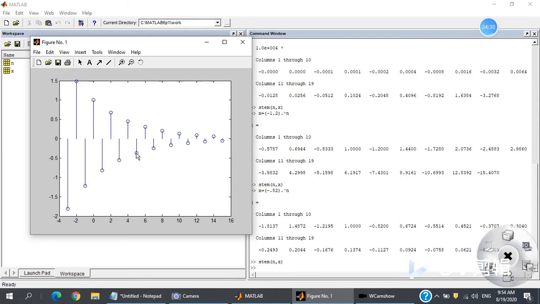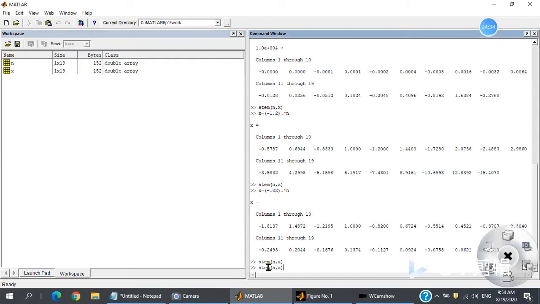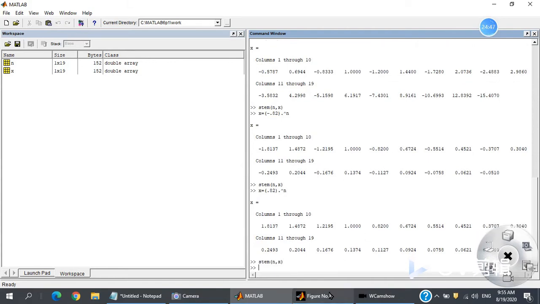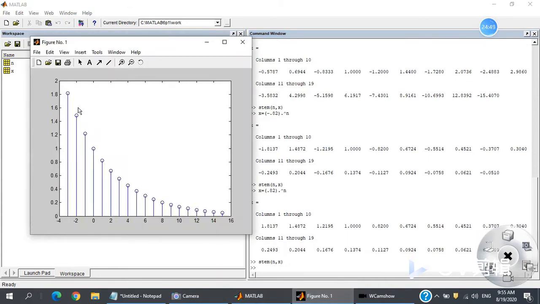If the values are positive, they will stay on the positive side. If I remove the negative, the graph will look like this, always on the positive side. Okay, so this is the signal for a to the n.